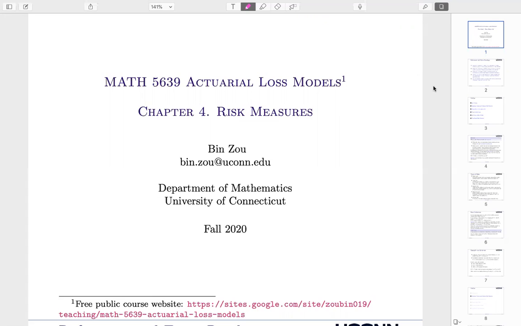Obviously, risk measures is a very important topic, not only for actuarial science but also for quantitative finance. In this course, we mainly focus on two specific risk measures, value at risk and conditional value at risk. Of course, there are many more generalizations based on these two popular measures.